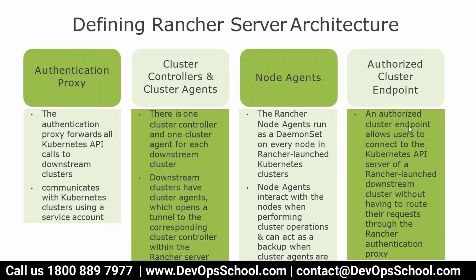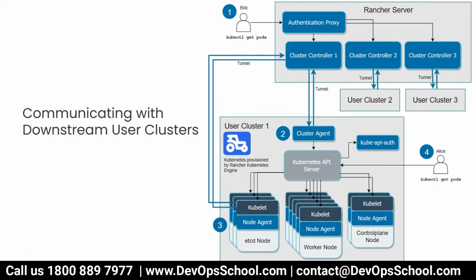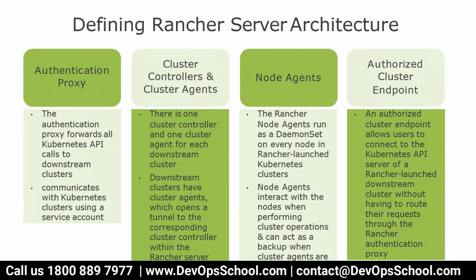In this image, you see on top, that's me writing kubectl get pod, and that request is sent to the authentication proxy, and after that it is sent to the controller. So the authentication proxy forwards all Kubernetes API calls to the downstream cluster, communicating with the Kubernetes cluster using the service account. That is how it communicates; we use the service account for that.